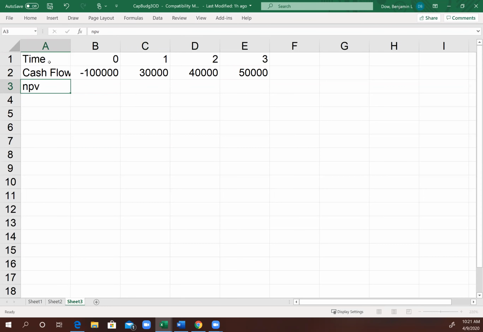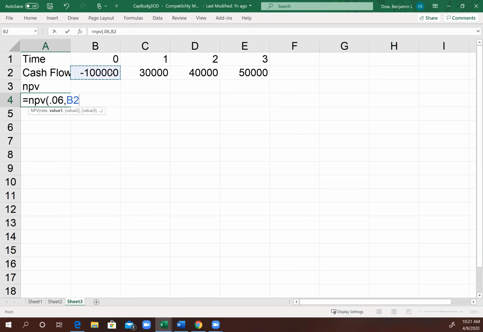Now, if I want to calculate net present value, for instance, I'm going to go into a cell below and type in equals NPV. Then it's going to ask for the rate. In Excel, the rate will be a decimal, I believe, 0.06, followed by a comma. Then it's going to want the values. Okay, value 1, value 2, value 3.